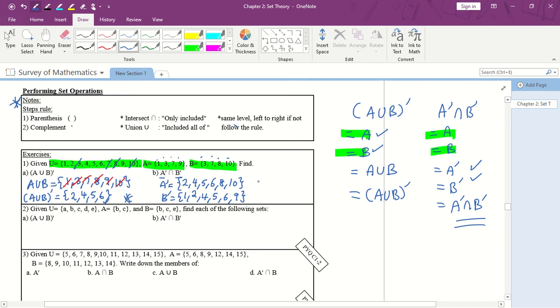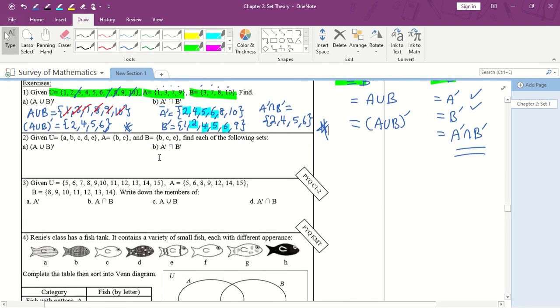So now you can write A prime intersect B prime is equal to what's in between: we have 2, 4, 5, 6. That's all. So it's kind of easy, right? As long as we look at the questions and do it step by step, there isn't any problem.